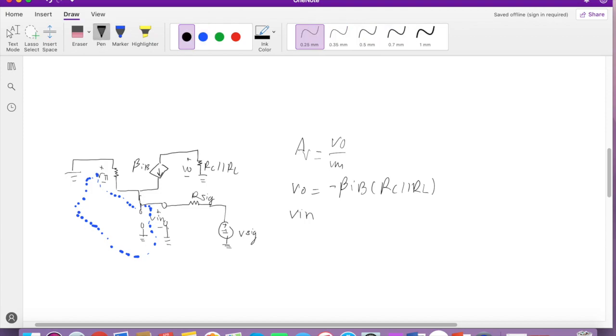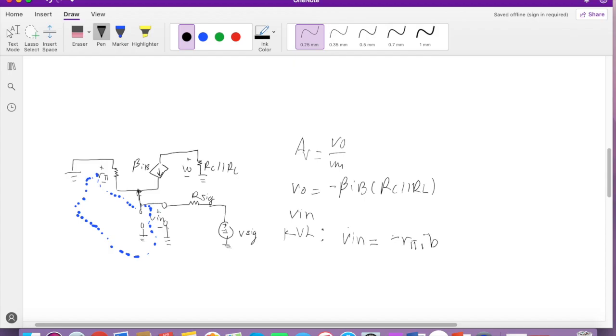And performing the KVL there gives us, starting from this node right here, we can say Vin equals negative R pi IB.